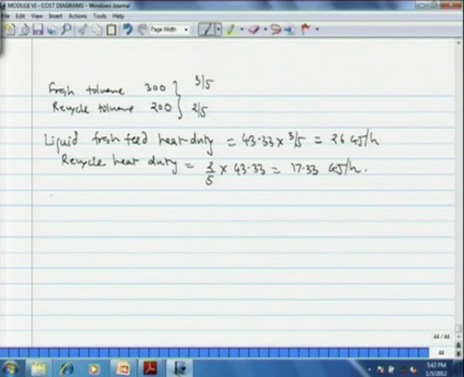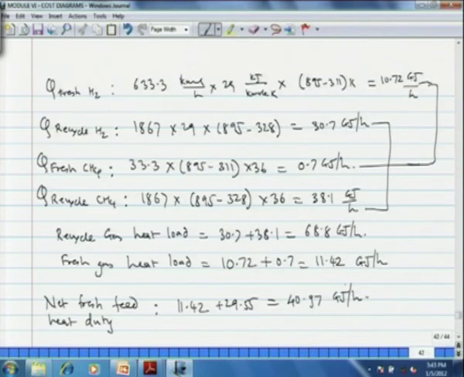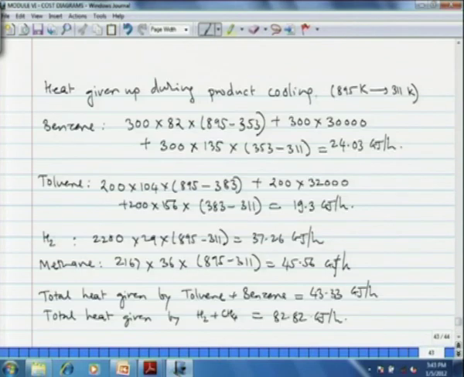Similarly, the total gas feed is 667 of the fresh gas plus 3734 of recycle gas, and therefore the heat duty on cooling of the gas product component will be allocated to fresh stream and recycle stream in this proportion. The total heat duty as we calculated was 82.82 gigajoule per hour.